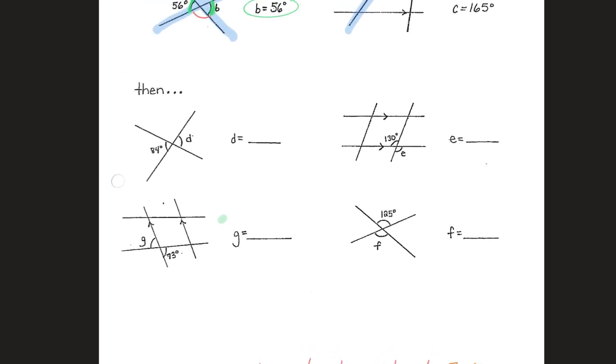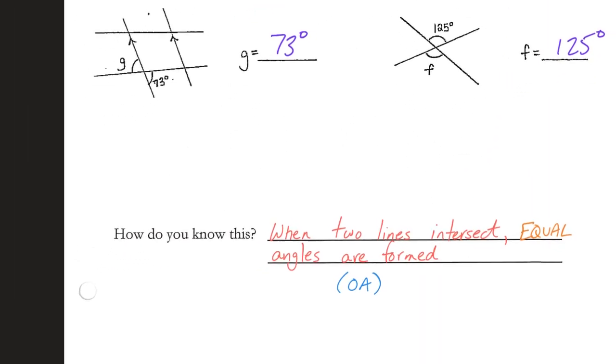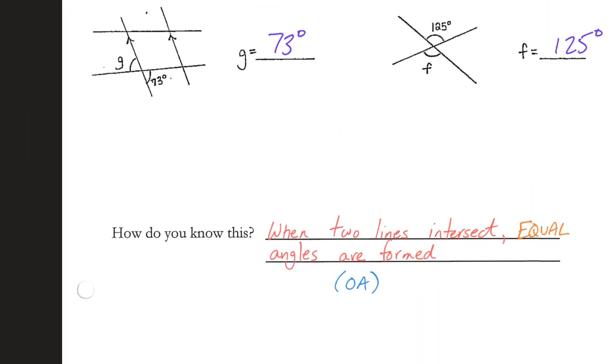We were pretty good to be able to say that angle D is going to be 84 degrees, E 130, G 73, and F 125. So hopefully that matches up, and we're pretty good with our opposite angle theorem. So I'm just going to slide that up and make that a little bigger so we can get down our theory on the bottom. How do you know this? When two lines intersect, equal angles are formed.